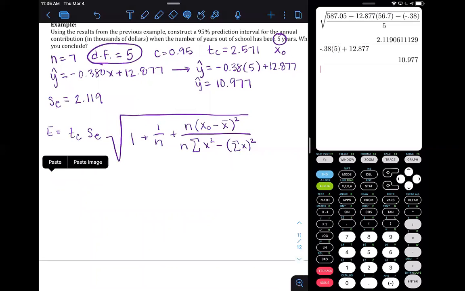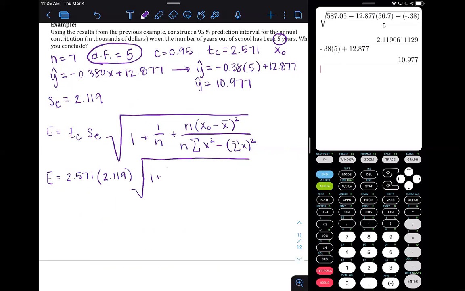So E equals the critical value, 2.571, times our standard error, 2.119, times the square root of 1 plus 1/7 plus, our n is 7, times the quantity.